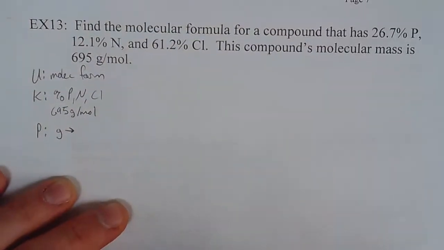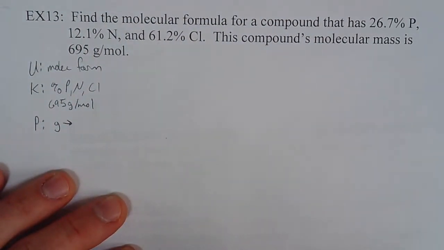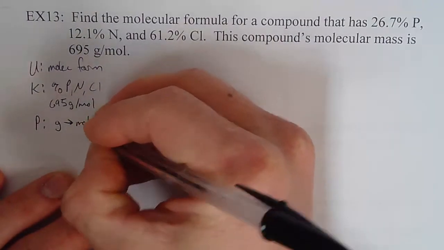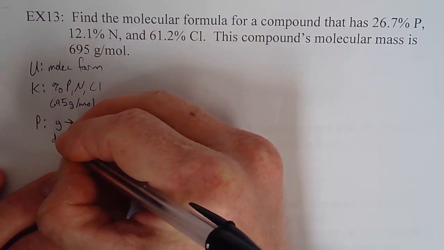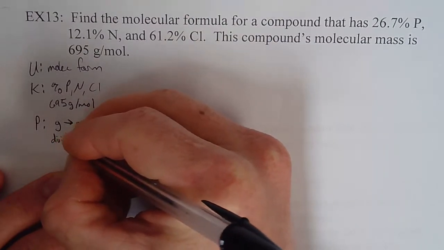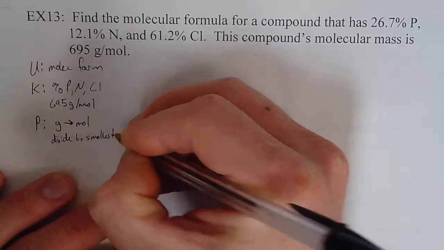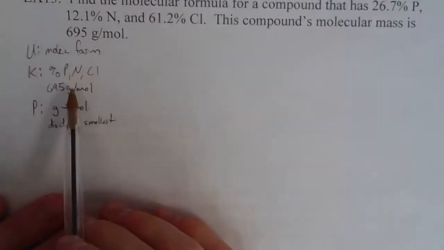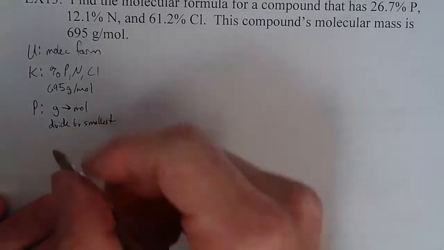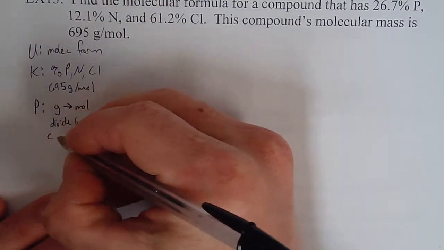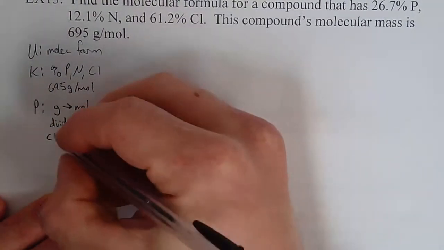So do y'all remember the steps for empirical formula? There are basically two of them: grams to moles, and then divide by the smallest number of moles. There's only going to be one more step, and that's going to be to do a comparison, and that's for molecular formula.